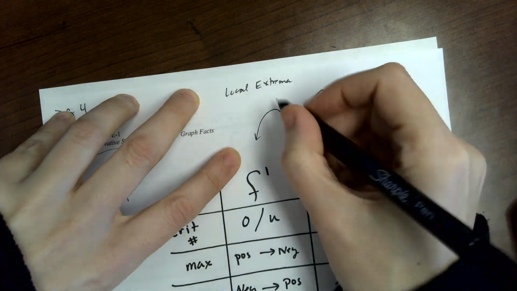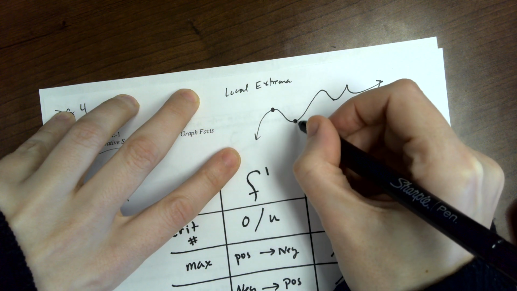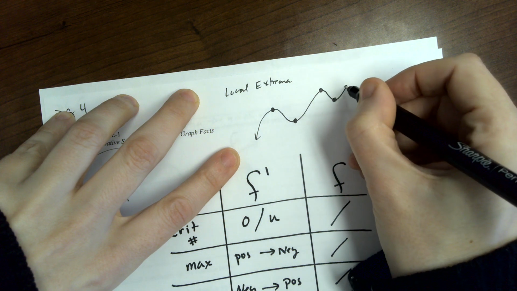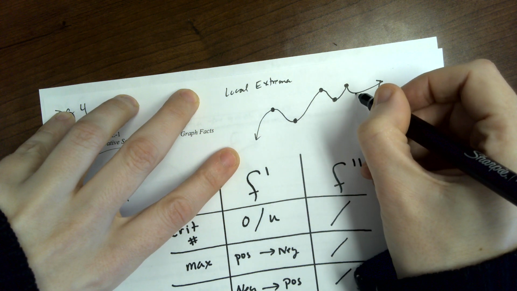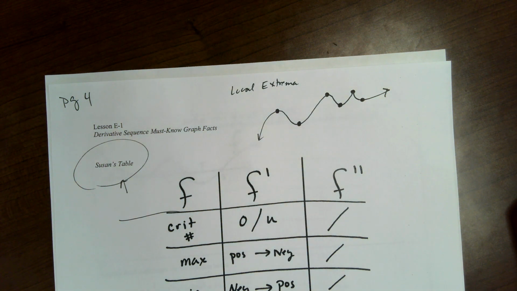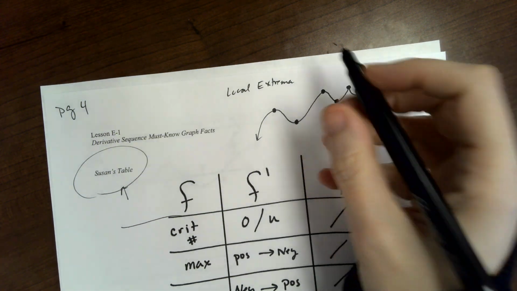The extrema are the highest and lowest points, but not overall, just within a certain locality, relative to the other points around it. So guys, these are what are called local extrema.